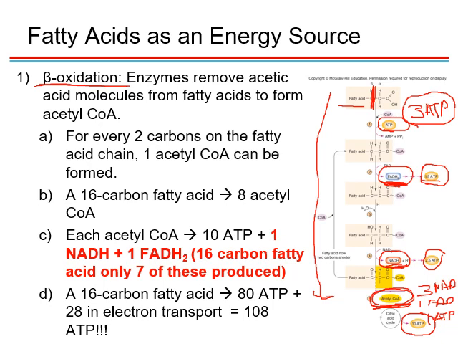Okay, so each time we cleave, boom, we can convert that to 3 ATP. Each cleavage we make acetyl-CoA, and that is worth 10 ATP. So let's look at a 16 carbon fatty acid.